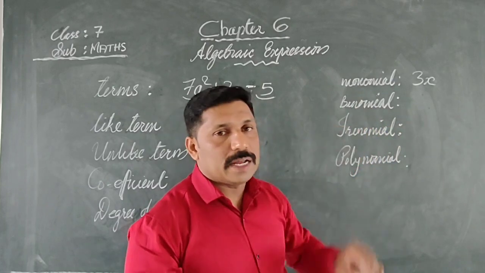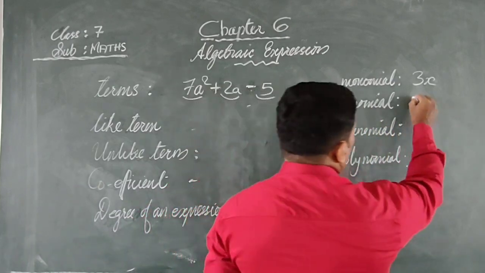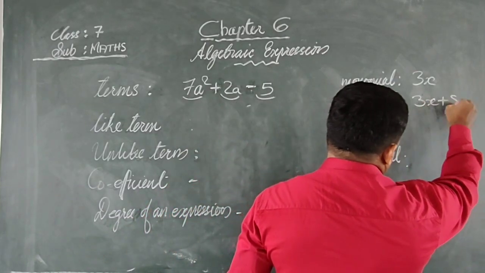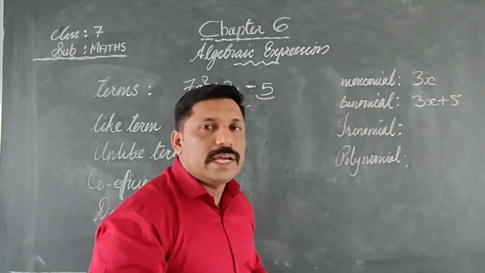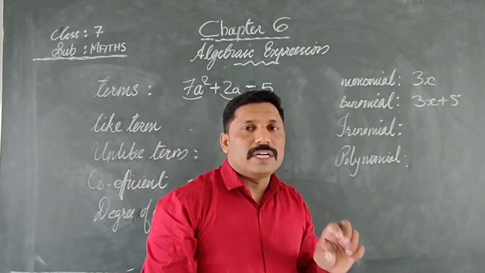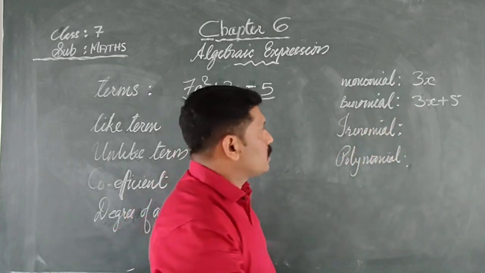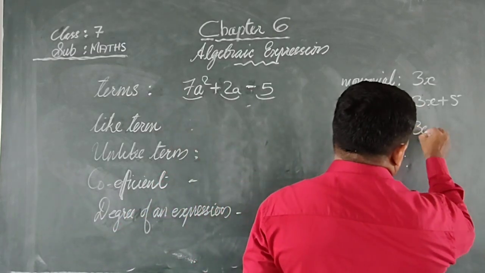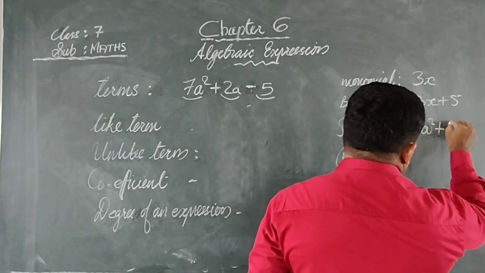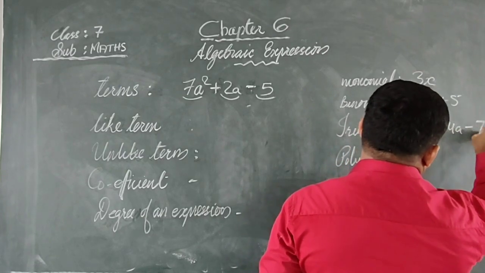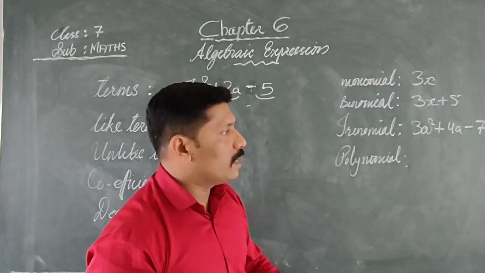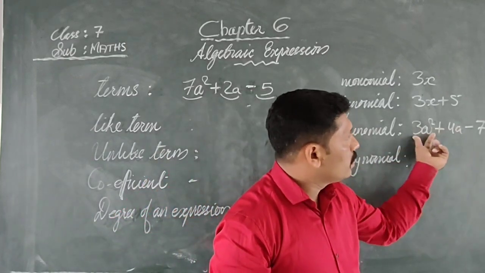Next, binomial. In a binomial there are two terms, like 3x plus 5. An expression having two terms is called a binomial. Trinomial means an expression having three terms, like 3a square plus 4a minus 7. This is a trinomial because there are three terms.